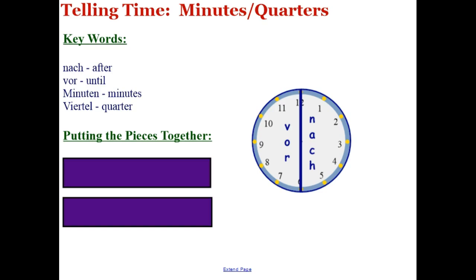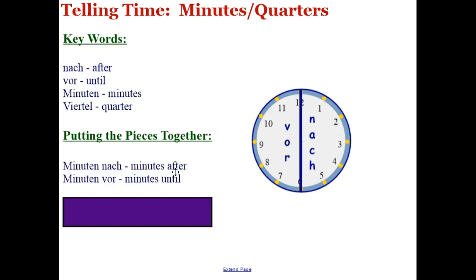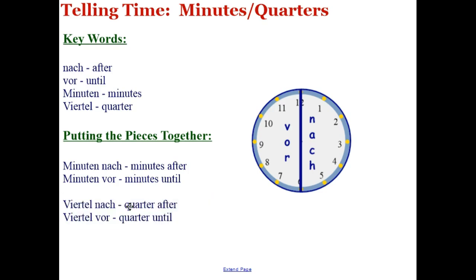Typically, for the first 30 minutes of an hour, you would use nach, and for the last 30 minutes of an hour, you would use vor. And then putting those pieces together, you could have Minuten nach, minutes after, Minuten vor, minutes until, and also Viertel nach for quarter after, and Viertel vor for quarter until.